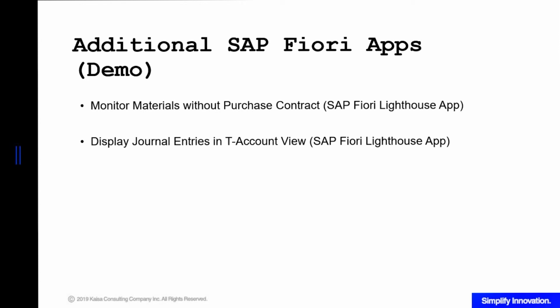With SAP Fiori, it extracted each and every role. For example, the goods issuance, the transfer posting, and the goods receipt are extracted into separate applications in SAP Fiori. While with SAP GUI, they are all in one transaction, which is MIGO.